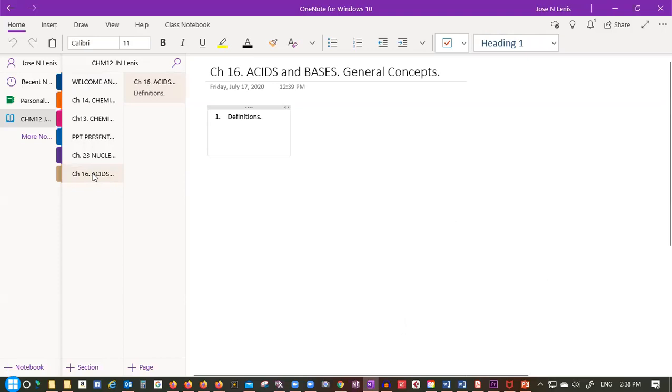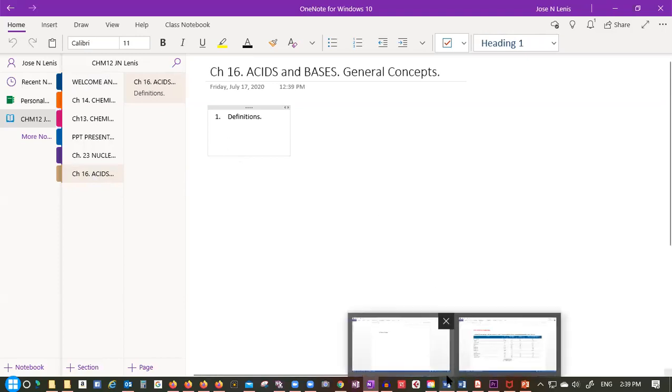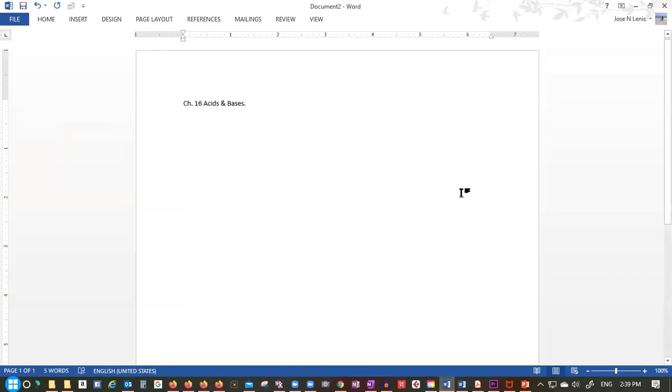We'll start our acids and bases chapter with some general concepts, a little bit of history. Let's start with the initial knowledge of the existence of these substances.